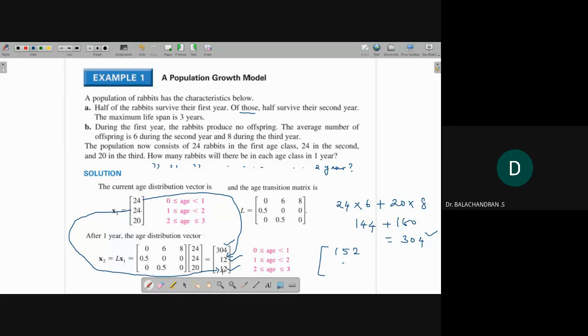Sorry, I think I did it wrong. Here, 152, in the second age class. Yes, because 304. And in the first age class, how many of them will come? First age class.